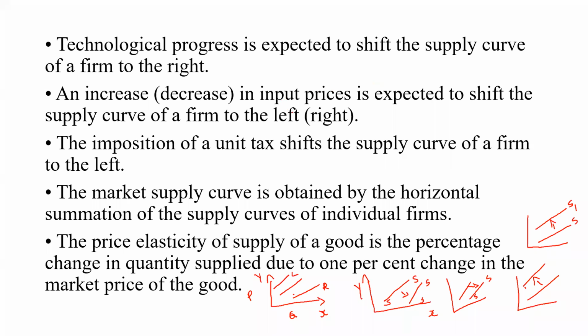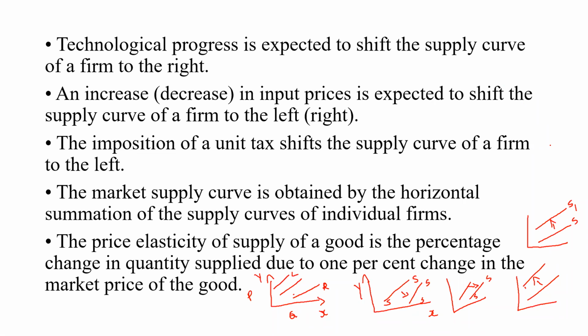So the market supply curve is obtained by the horizontal summation of the supply curve of individual firms. By adding all the individual firms, we will get the final market supply curve.